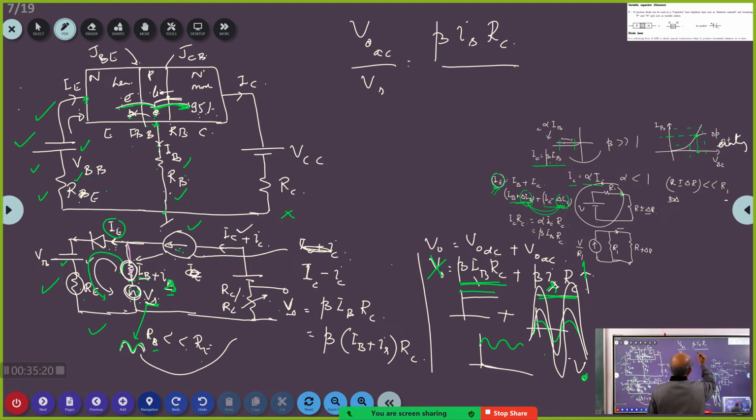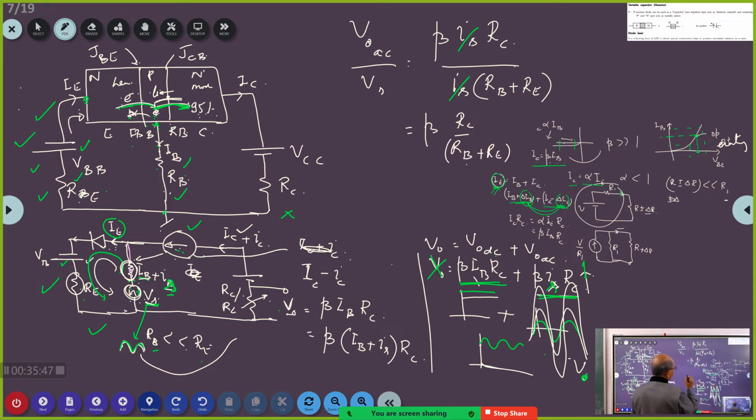So still I will take this as IS instead of VS. I will write it as RB plus RE. Is that okay? Now I can cancel this off. So I get here beta into RC by RB plus RE.